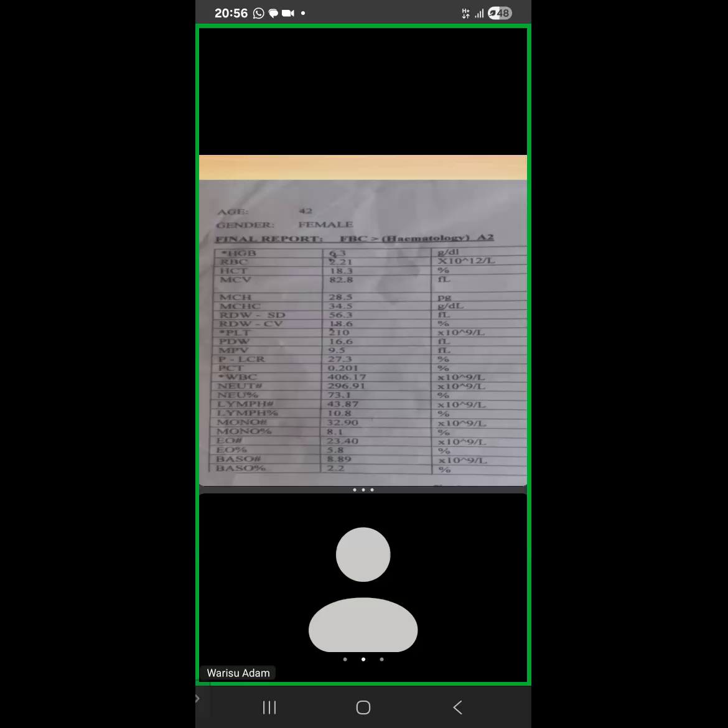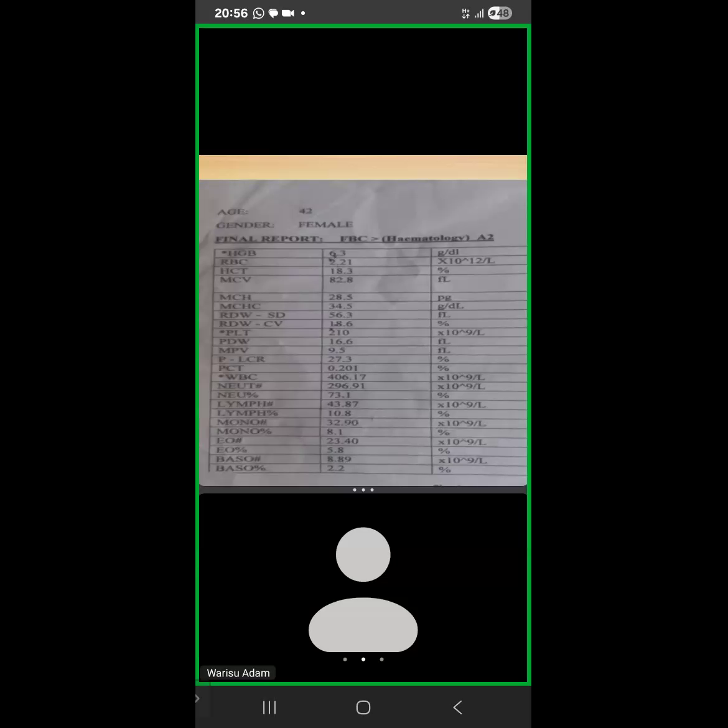So please start. Okay. So the HB is low, and the red cell count too is low. The MCV is normal, so I'm guessing the presence of normocytic normochromic anemia. Then looking at the platelet count, it is normal.